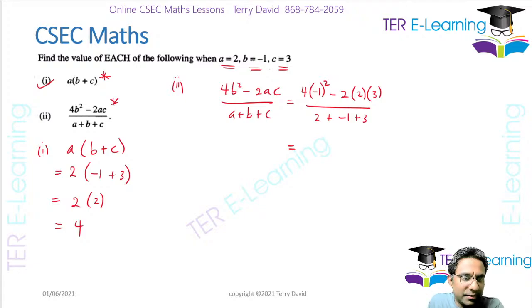So Zari is saying minus 4. No, the answer is actually 4 for part 1, not minus 4. The reason why I let you all try to work out the second one is that I know people are going to make mistakes. You have to be very, very careful when you're doing these questions.